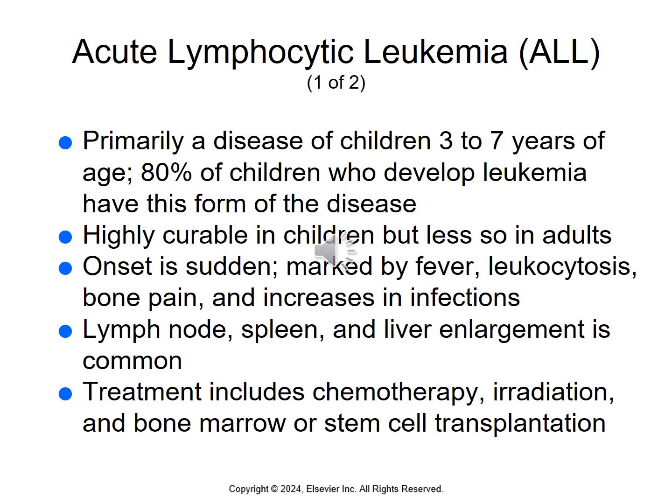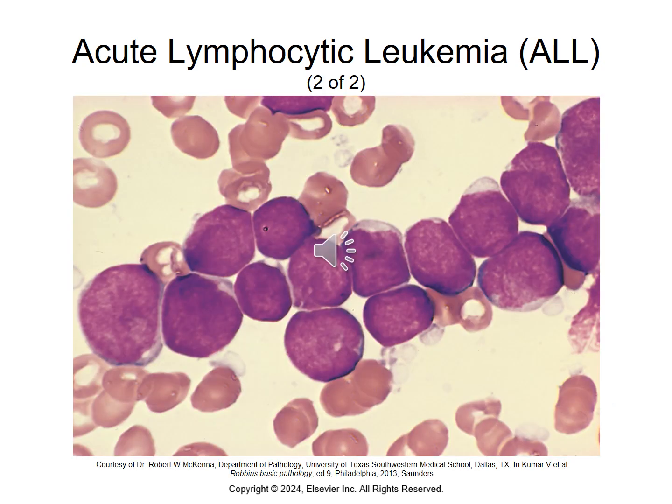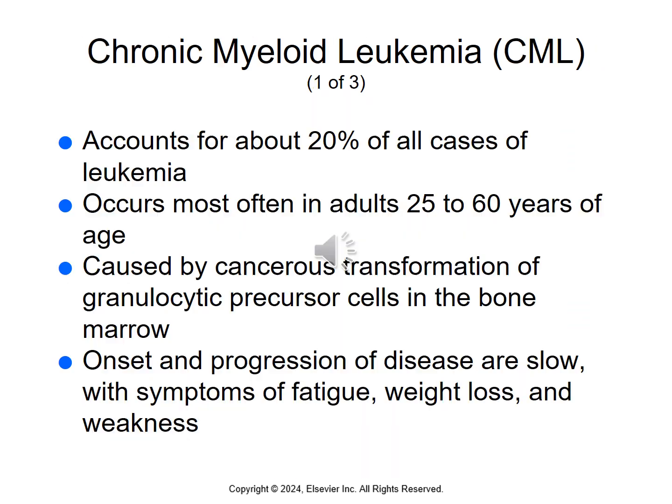Lymph node, spleen, and liver enlargement is common. Treatment includes chemotherapy, irradiation, and bone marrow or stem cell transplant. And here's a picture showing us our acute lymphocytic leukemia or ALL.